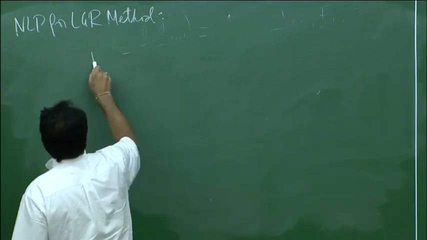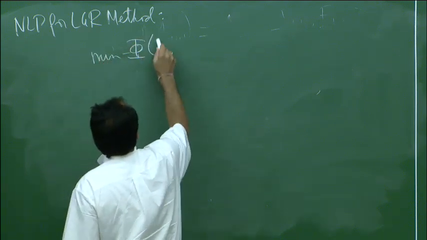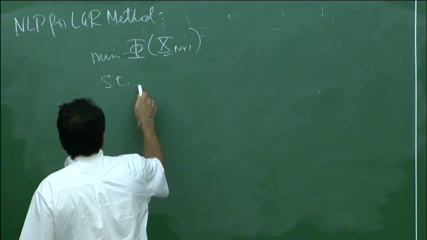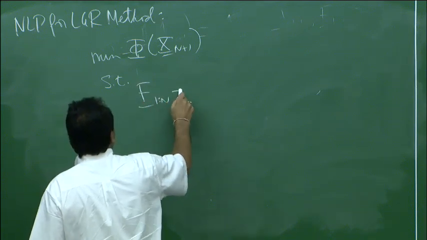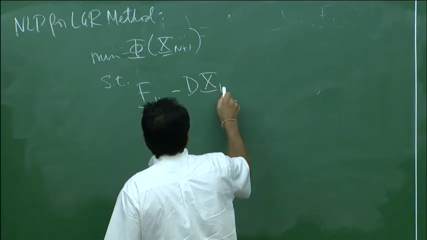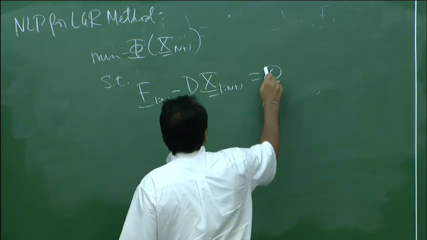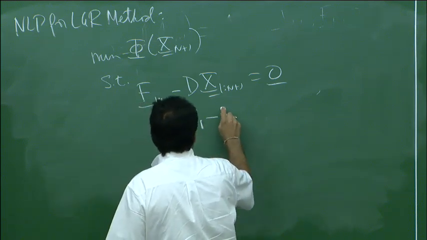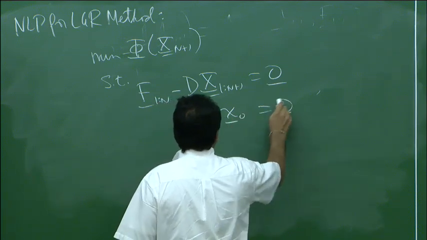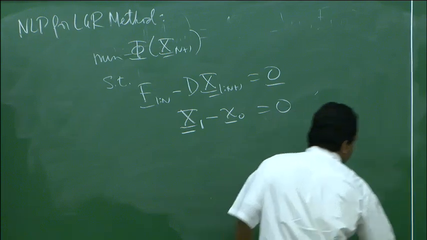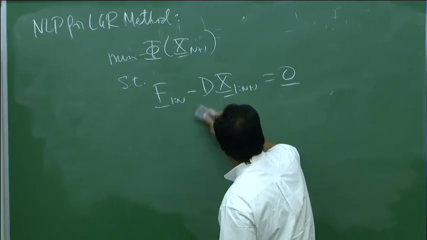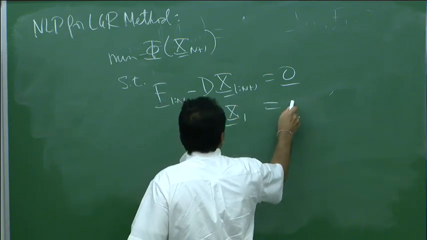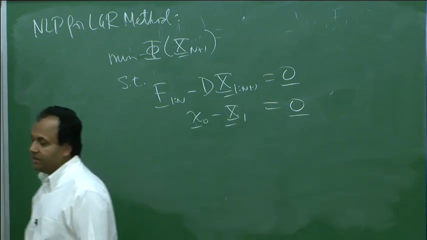Minimize phi of x_(n+1) subject to f_1:n minus D times x_1 to n plus 1 is equal to 0. And we get the constraint that x_1 minus x_0 is equal to 0. Or alternatively, being consistent with the way in which we write things, we write it as x_0 minus x_1 is equal to 0. And you can see it's a simpler NLP.